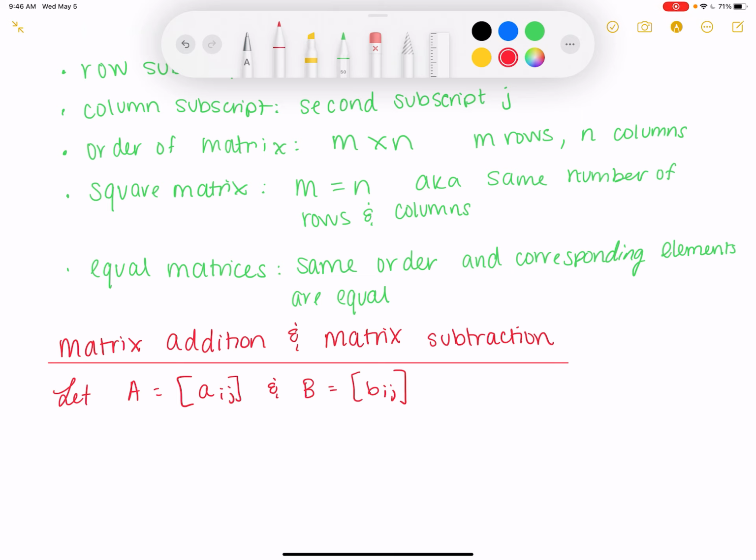Alright, so we're letting A and B be those matrices of order m by n.